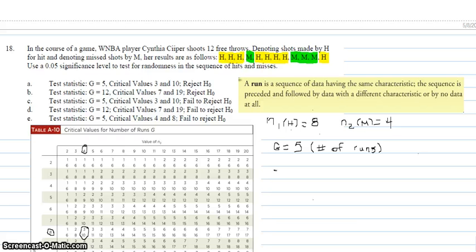So I'm going to write that down. Critical values are 3 and 10.